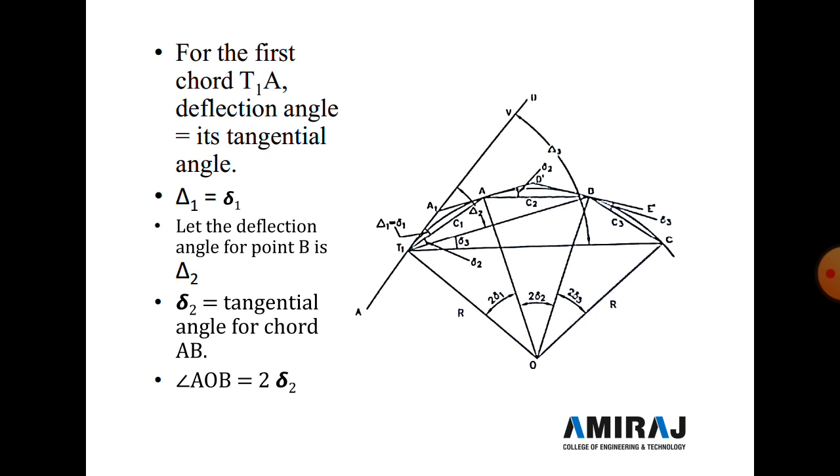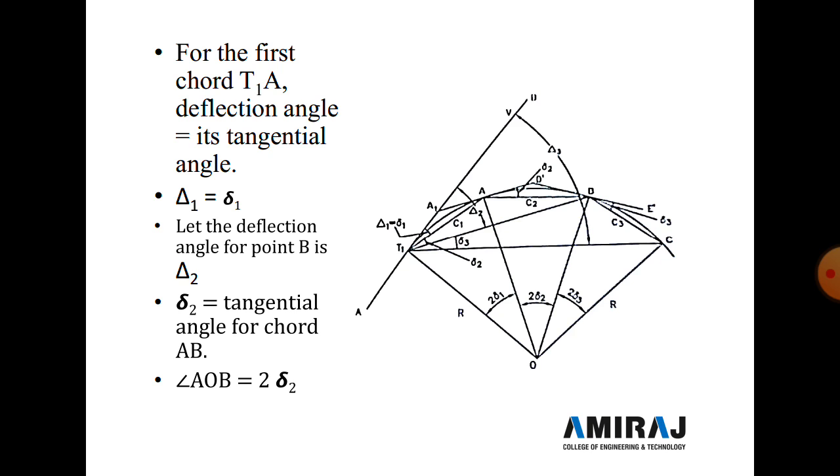Now for the first chord T1A, the deflection angle is the tangential angle, delta 1 is equal to delta 1. Let the deflection angle of point B be delta 2, and delta 2 the tangential angle for the chord AB.